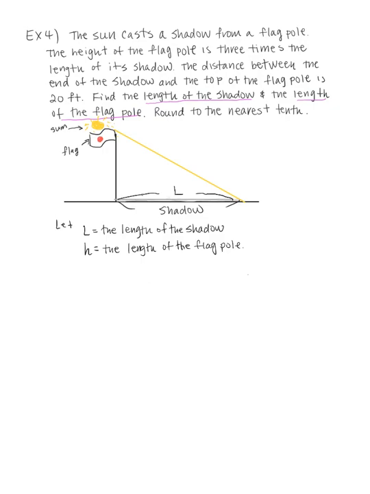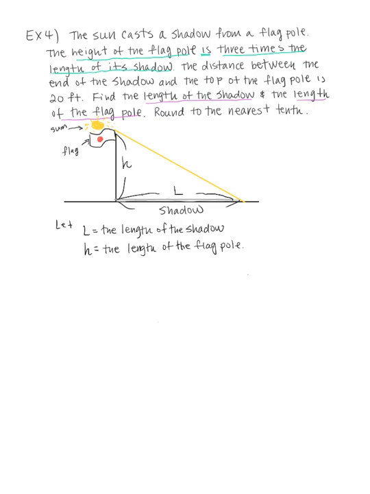So that means that from here to here is our H. Now let's underline some keywords. It says that the height of the flagpole is 3 times the length of its shadow. So I'm going to say the height of the flagpole equals 3 times the length of its shadow.